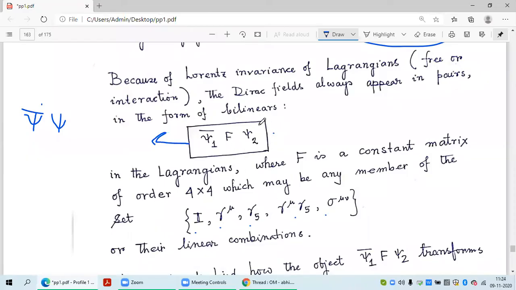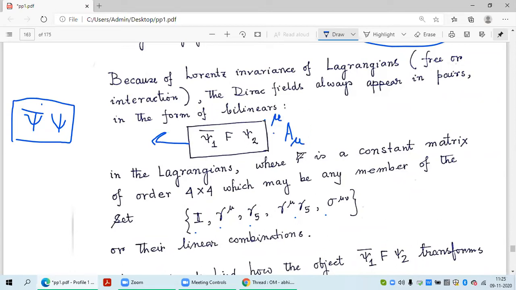Therefore, this object may not always be Lorentz invariant by itself. When F is 1, we know this term appears in the free Lagrangian of the Dirac field and is Lorentz invariant. When F is gamma mu, gamma 5, we don't yet know how it will transform, but we will show. If it transforms like a vector, it would carry an index mu, and we can multiply it by A mu to make it a scalar.